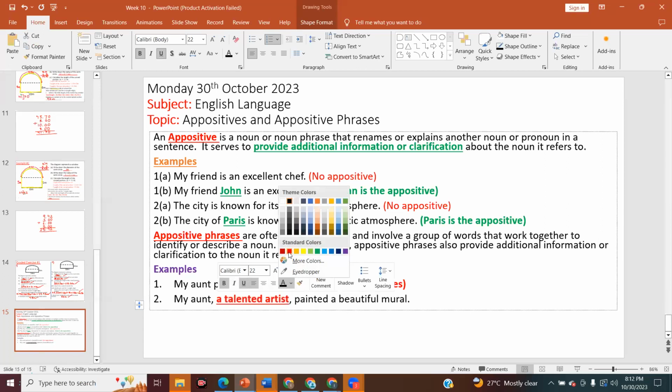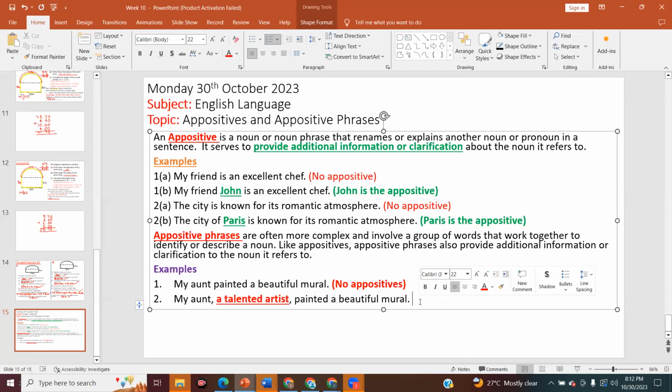The appositive is going to describe the noun, my aunt. So I am telling you more information about my aunt. She's a talented artist, okay? And if she's a talented artist, it will be obvious that she painted a beautiful mural.